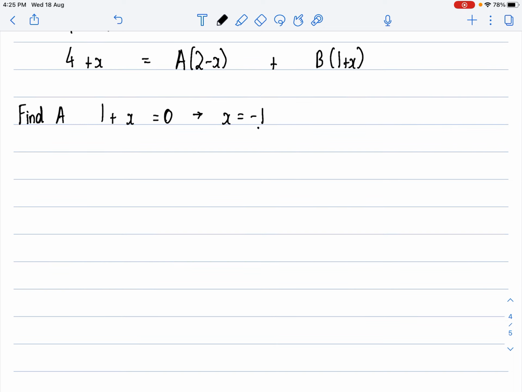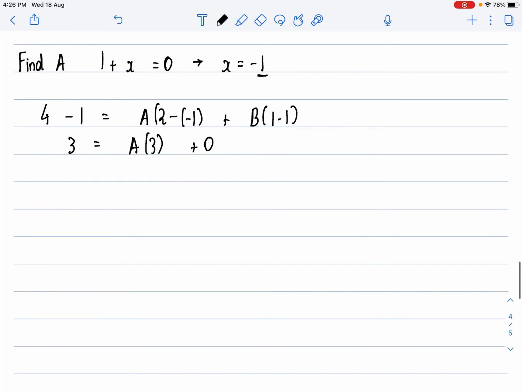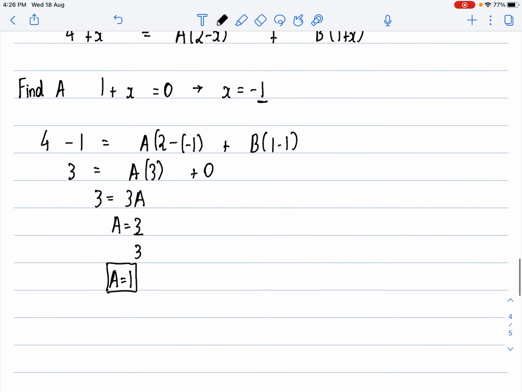Now I substitute the value of x here, so I get 4 minus 1 which is equal to a into 2 minus minus 1 plus b into 1 minus 1. So I get 3 equals to a into 3 plus 0. So I get 3 equals to 3a. So I get my a basically as 3 over 3, and I get my a as 1. This is what I basically get.